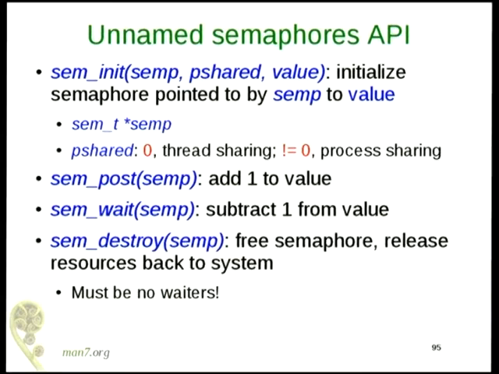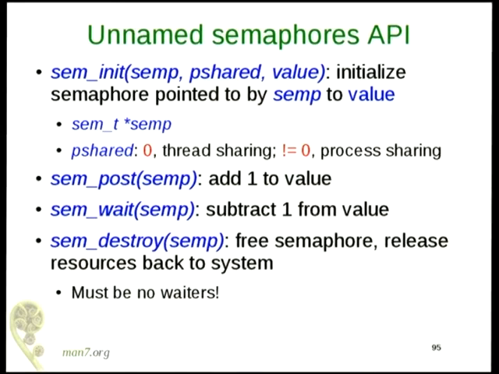Then you've got a bunch of operations for performing on these semaphores. For unnamed semaphores, these are the operations you can perform. sem_init says, I want to initialize a semaphore to a given value. And you specify as well a thing called the pshared parameter, which says, what kind of sharing do I want for the semaphore?